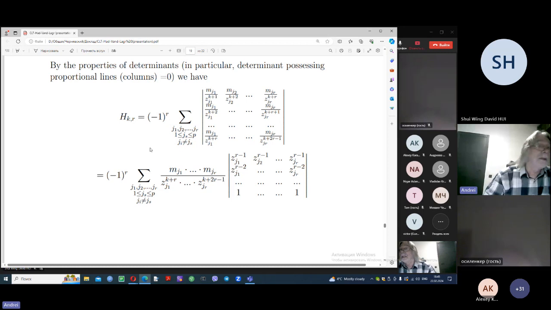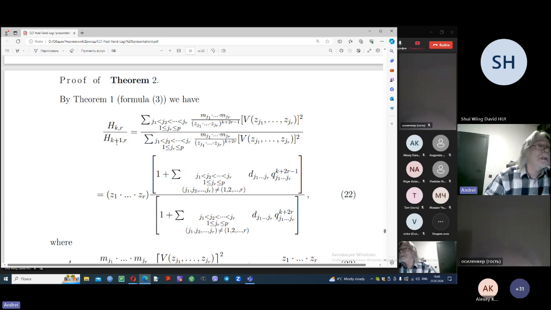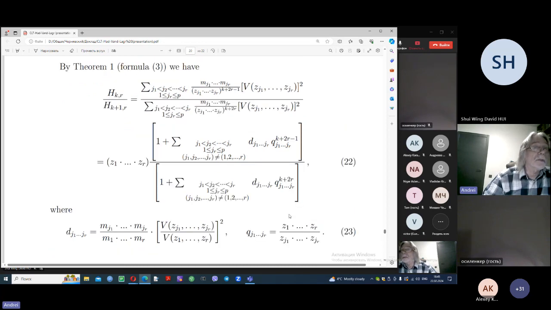So in fact, for the first result, one can accurately calculate the determinant, and that's it. The second theorem: now we have to calculate the ratio of determinants. Again, if one takes the corresponding ratio, then we can write it in the following form, where this Q is equal to the ratio of these two products.